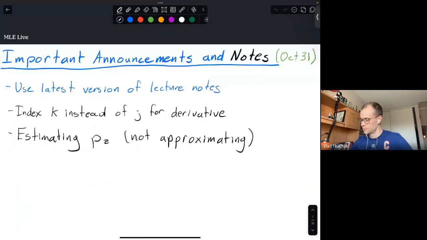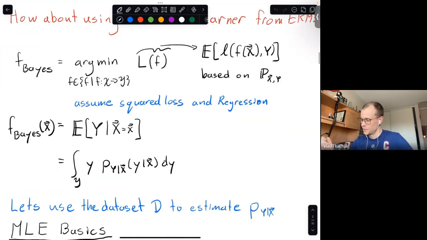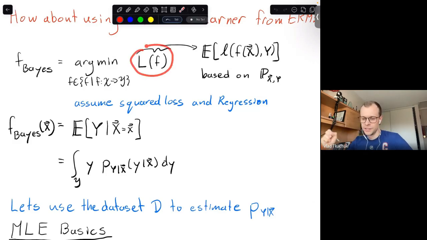And our story with maximum likelihood was we said, okay, instead of using this ERM learner and stuff that we've been doing before and estimating the expected loss, why don't we, well, we found that you can decompose this f Bayes, which is like the best possible predictor. By decompose, I mean you plug in the squared loss and you assume that y is continuous, it's like R, and then you get this nice equation like this.